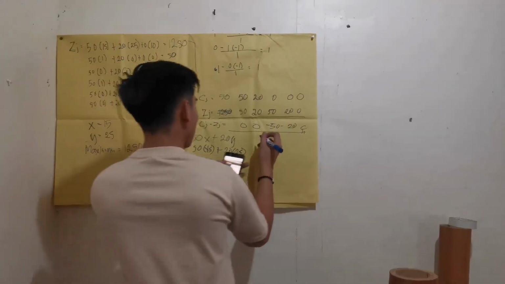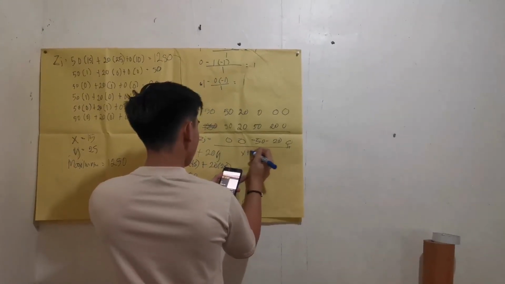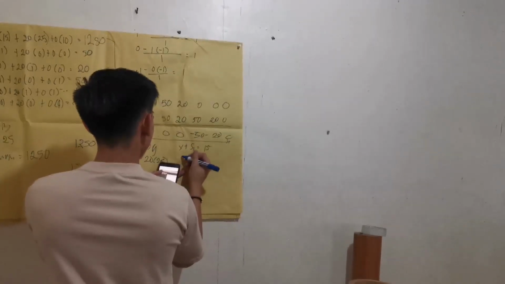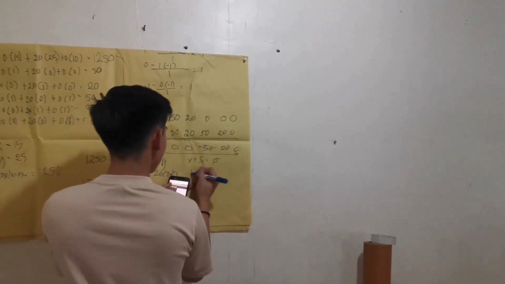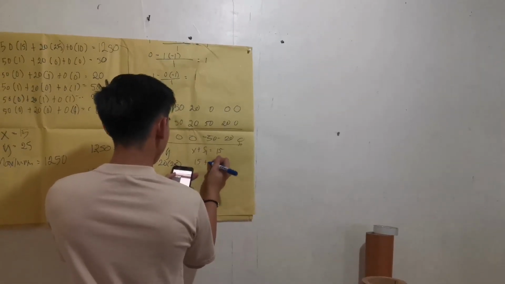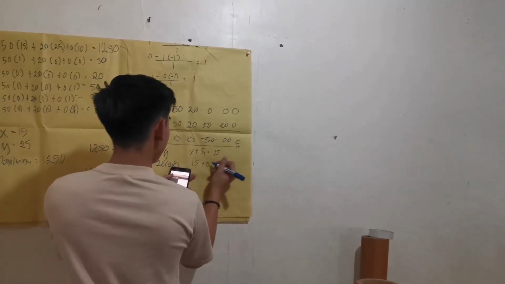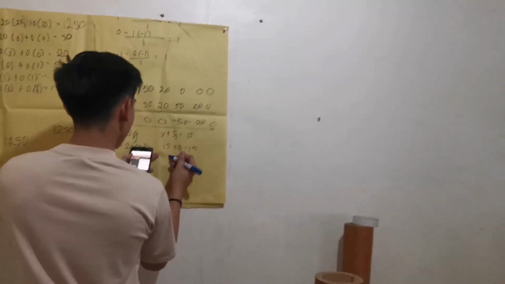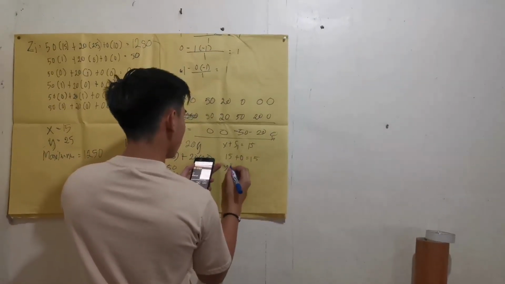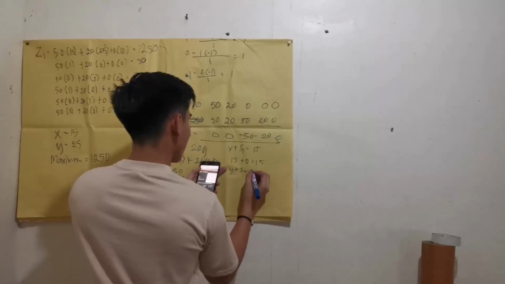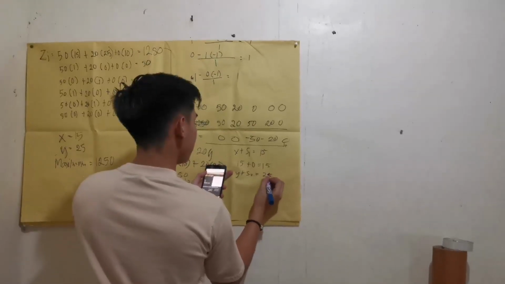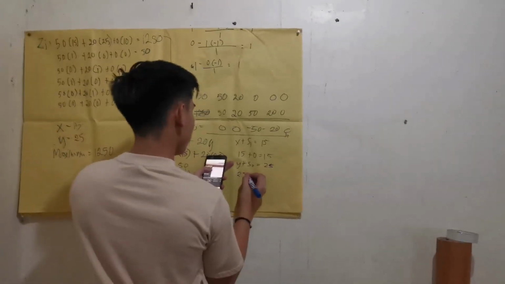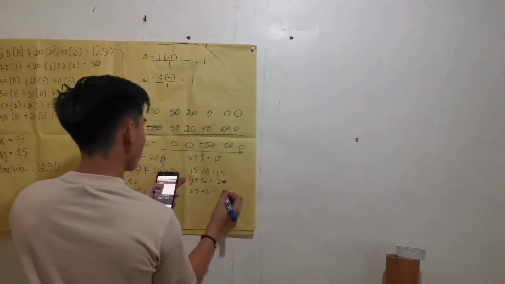And, pwede din ganito na x plus s sub 1 is 15. So, x natin is 15 plus s sub 1 is 0, equals 15. y plus s sub 2 is equals to 25. 25 plus 0 is equals to 25.